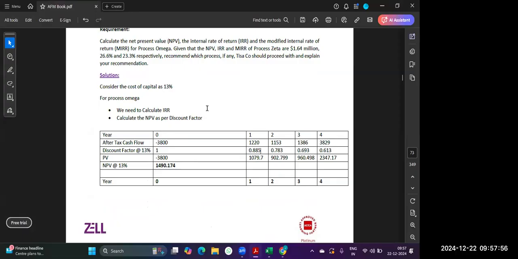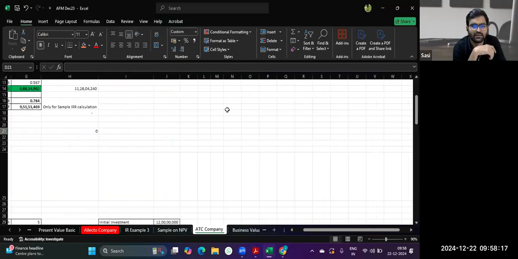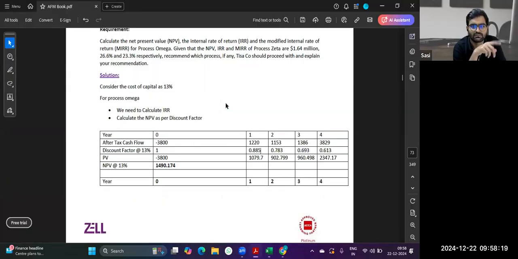Sir, even the third year is different. Third year, what is the discount factor? Check your discount factor. 0.693. What have you taken? 0.693. And this 1386? Yeah. And what is the number you're getting? 948.02. Could the difference be rounding, sir?